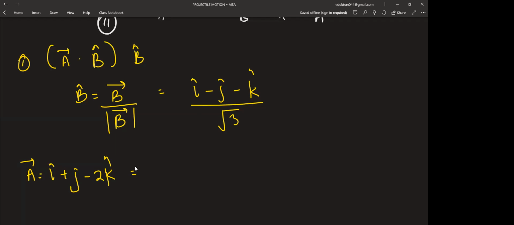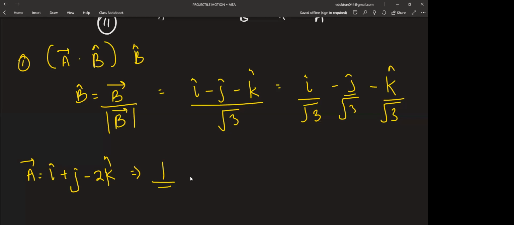So this is I cap's coefficient. You can write it in this way also: I cap by root 3, minus j cap by root 3, minus k cap by root 3. So 1 by root 3 getting multiplied to 1, you will get 1 by root 3.